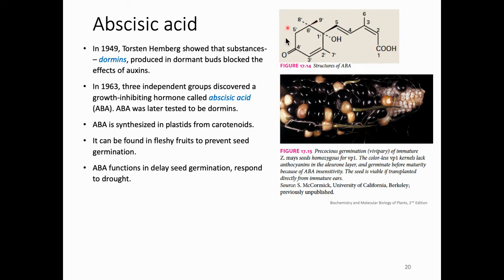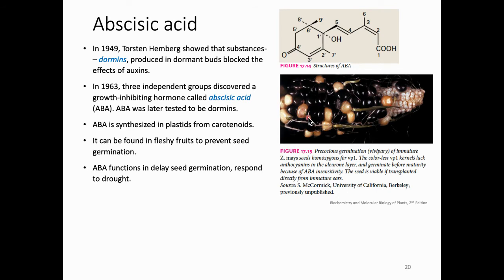This is the structure of ABA, which is quite similar to carotenoid. In carotenoid, you have more of this structure. This chain will get very long, and you have the ring as well. Here is the corn on the cob where you can see that some corn kernels start to germinate.